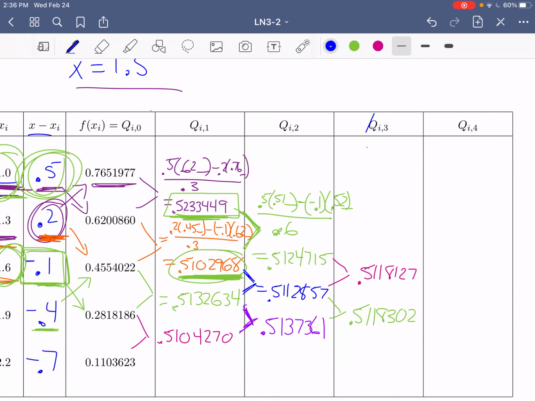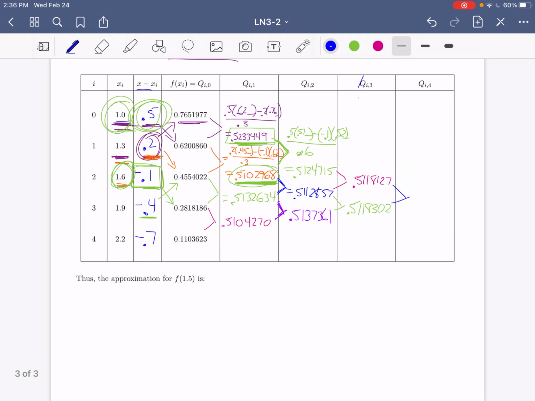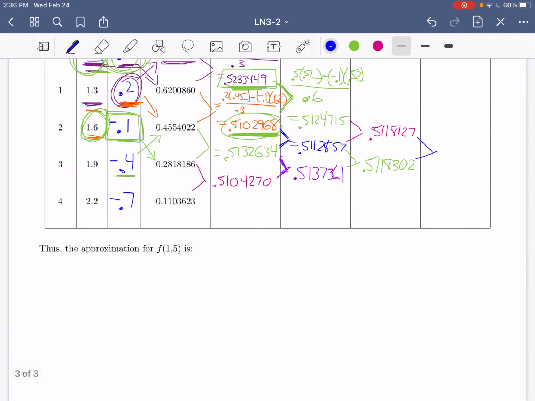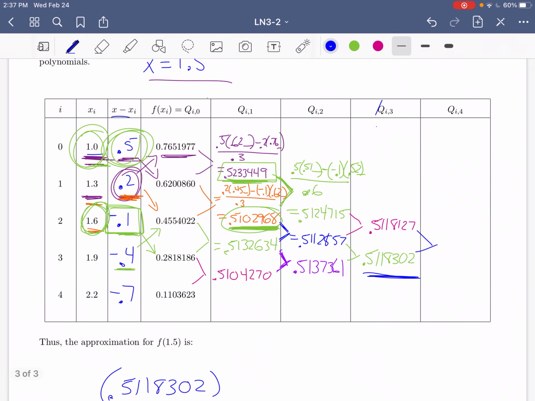And then finally, when we combine everything, I'm going to go ahead and write out this calculation again so we think through it. So we're going to have this approximation, 0.51180302. So we have that value. That value gets multiplied by 0.5, right?